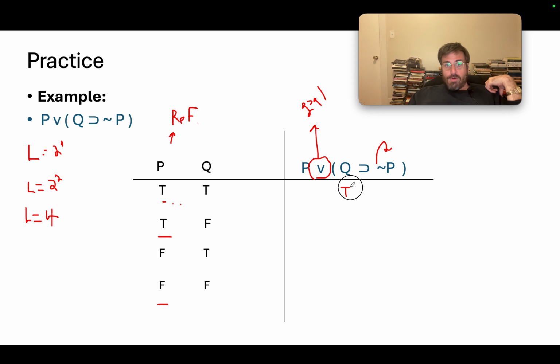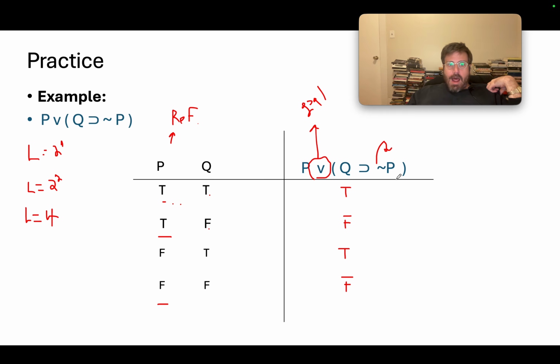Q on the first row is true, because it's true right here. I then move down to the second row, and I see that Q is false. So I'm going to write false. I then move to the third row, and I see that Q is true. And then finally on the fourth row, Q is false. All right? So Q can be true and false.